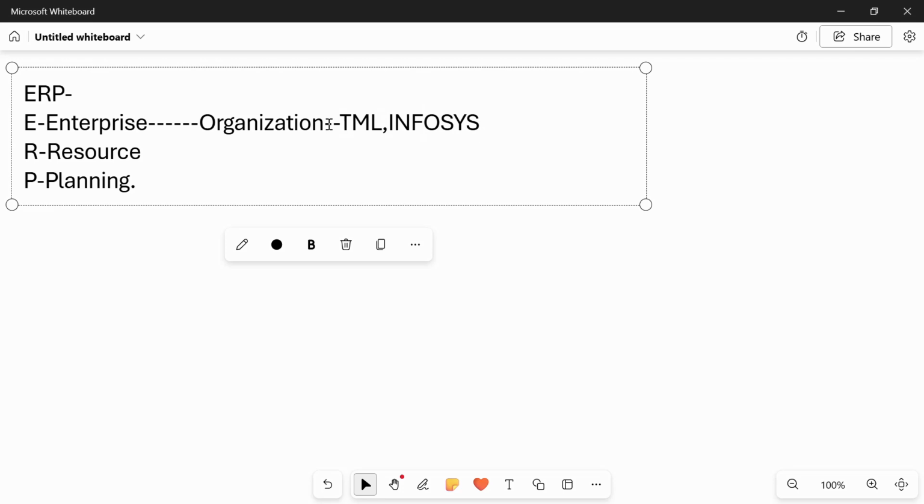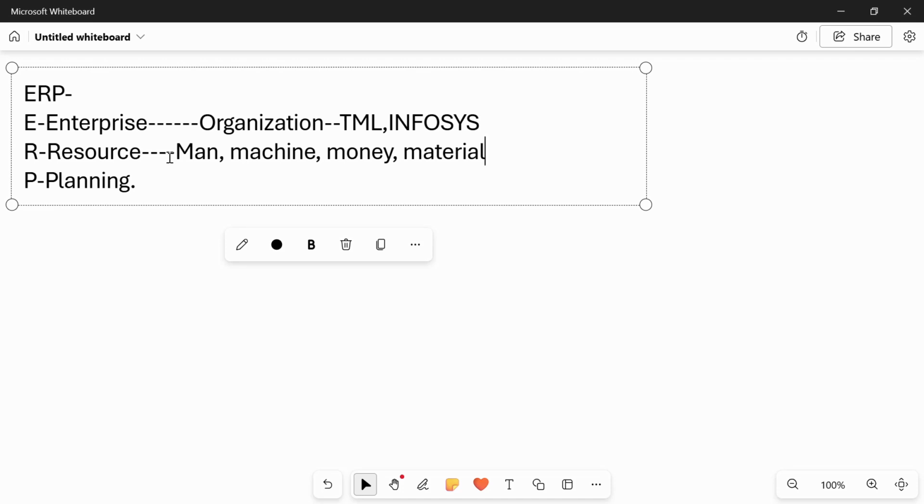So to run those operations, to run their day-to-day activity, they require some resources like man, machine, correct, money, and last one is what? Material. These are the basic four resources required to run any enterprise, any company, or we can say any organization.